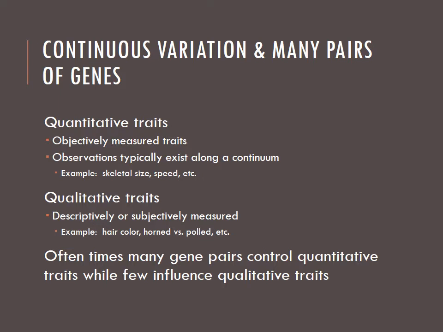Here's the difficult thing. There's oftentimes many gene pairs that control the quantitative traits, and very few influence the qualitative traits. So that should tell you, I hope, statistically speaking, that it's very easy to affect a qualitative trait. It's very easy to select for that. It's very easy to select horned versus polled.